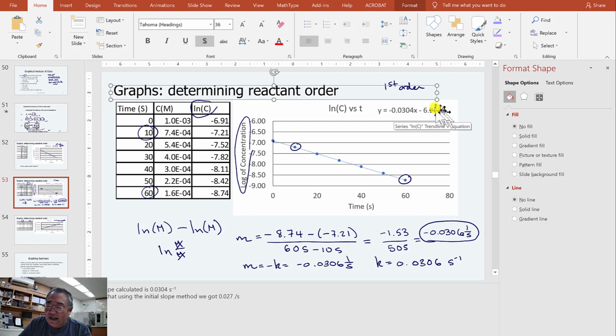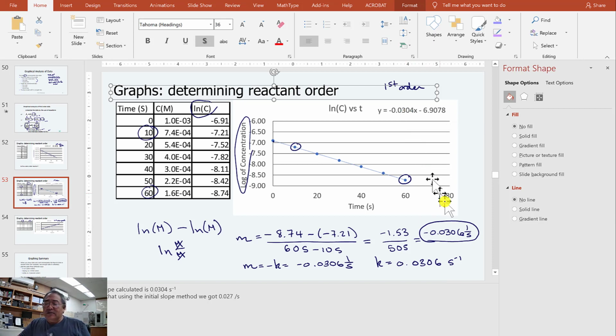That's the y-intercept. Now, the actual zero time value was 6.91, so it's actually pretty close. Negative 6.91. And then the slope that I calculated was negative 0.0306, and this comes up with negative 0.0304.